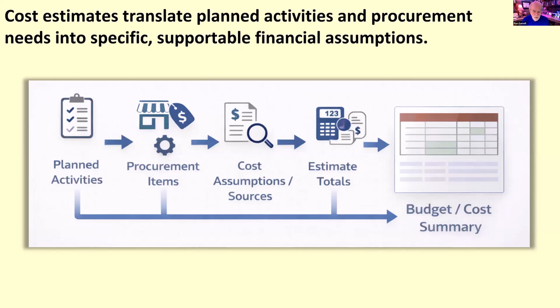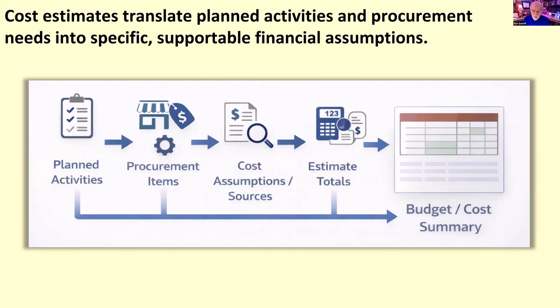All this matters because a budget can't be built directly from broad estimates alone. It needs underlying estimates that connect to actual activities, work packages, or procurement needs. In other words, the budget becomes more credible when it's supported by identifiable cost estimates rather than by a single undifferentiated total.